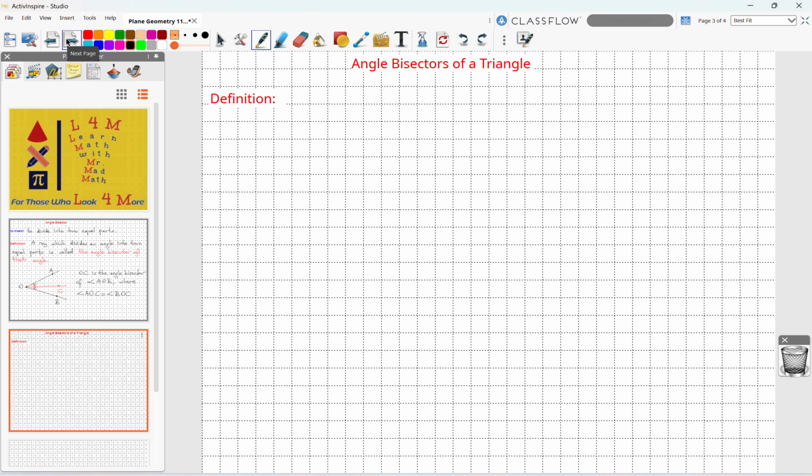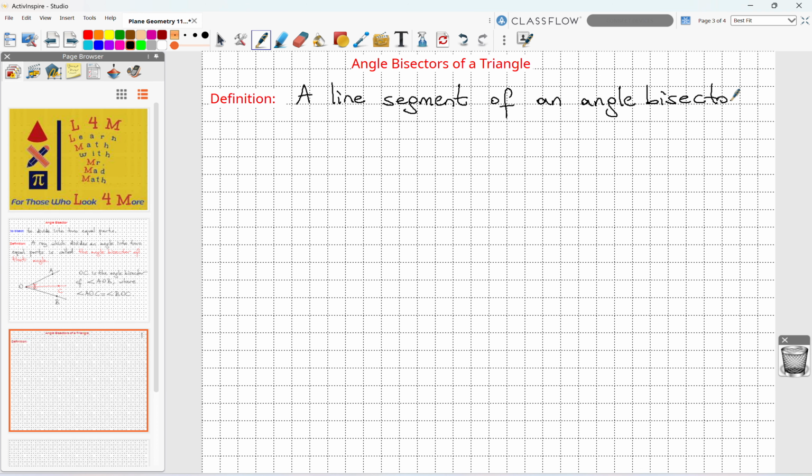Now, angle bisectors of a triangle. An angle bisector of an angle is a ray, but in a triangle, we'll just talk about line segments. So, a line segment of an angle bisector of an angle of a triangle.